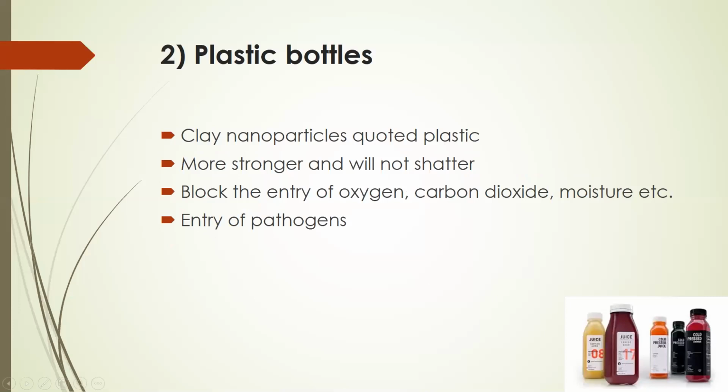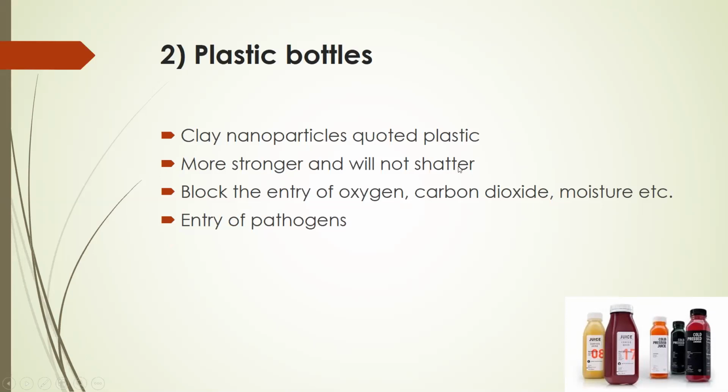Then number two, plastic bottles. So you see that traditionally, if you go a few years back, what would you see? That the food items were mostly packaged inside glass bottles, right?